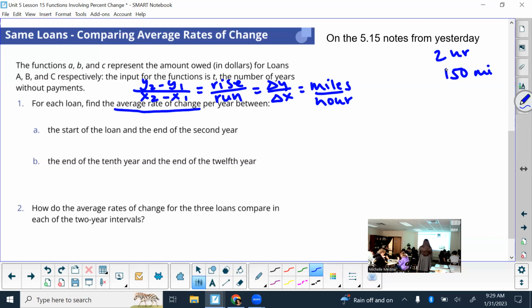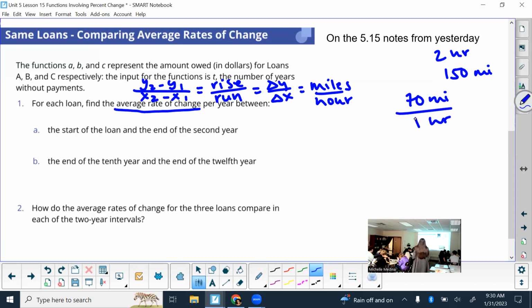What's my mileage per hour, or what's my average rate of change? What's 150 divided by 2? 75, thank you. So then you would say that that is 75 miles per 1 hour is what I drove.